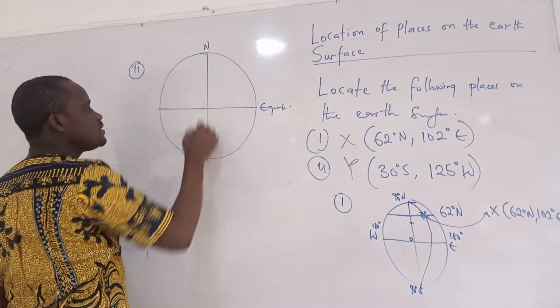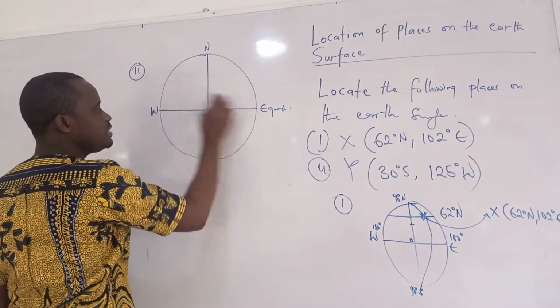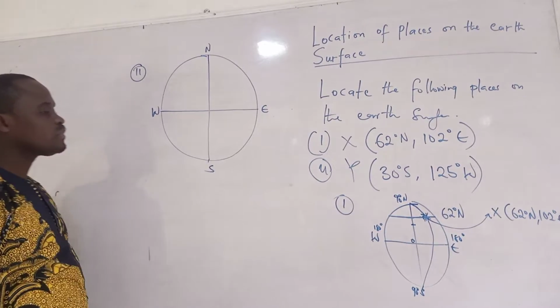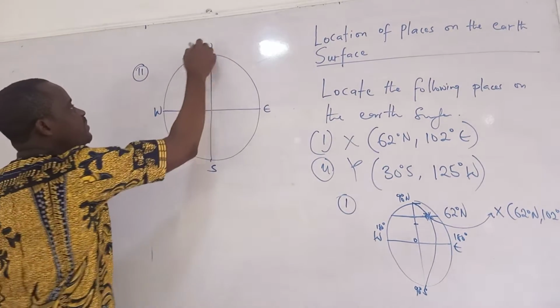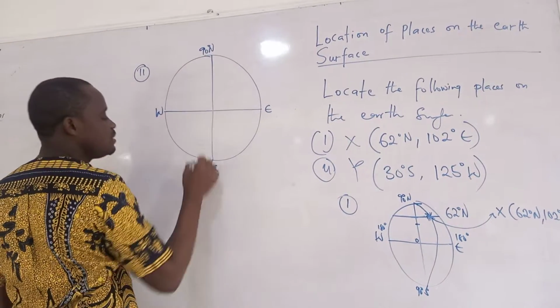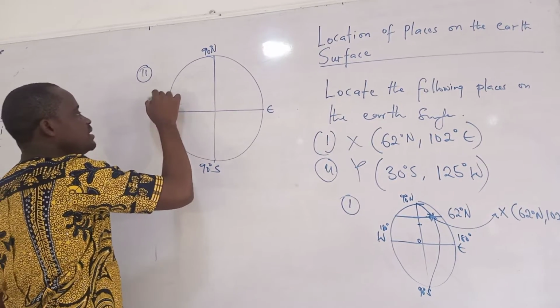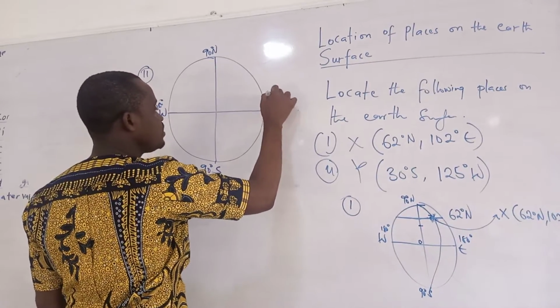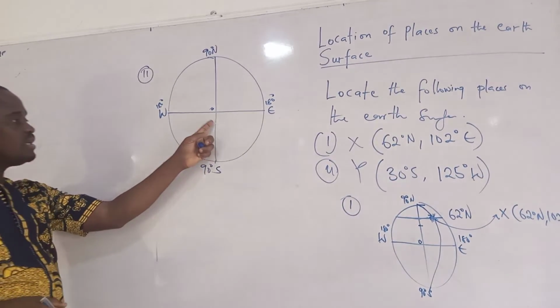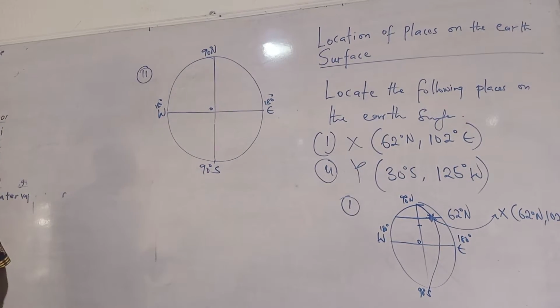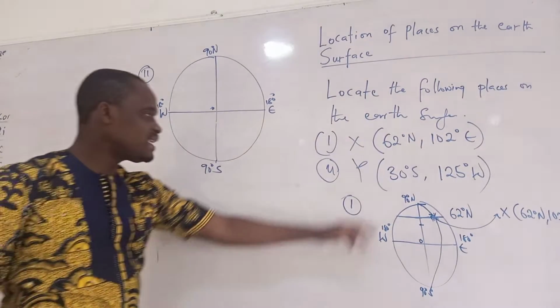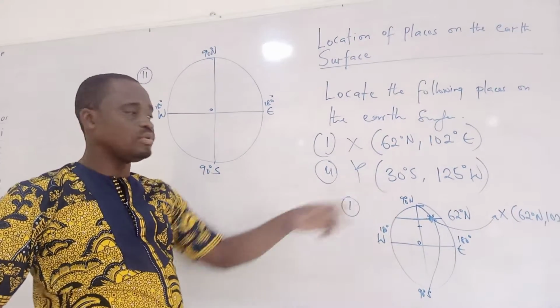This is north, south, west, east. Let me make this my east first. This remains 90 degrees north, 90 degrees south, then this is 180 degrees east, and this is 180 to 0 degrees west and 0 to 180 degrees east. So the next thing is, what exactly is 30 degrees south? Where do you locate that?